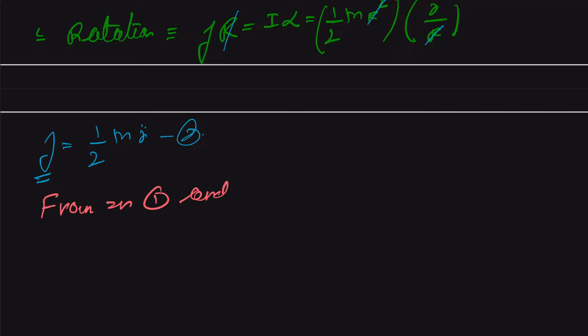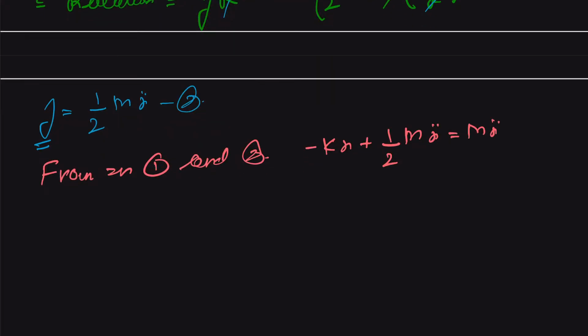From equations 1 and 2, we get minus kx plus half m x double derivative is equal to m x double derivative. And we can just combine them. We get minus kx will be equal to, taking this on the right side, 1 minus 1 by 2, which gives 1 by 2 m x double derivative.